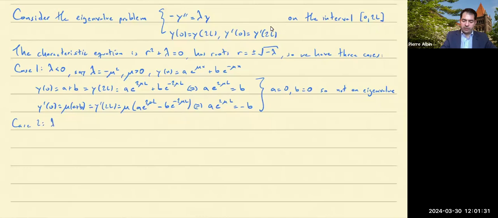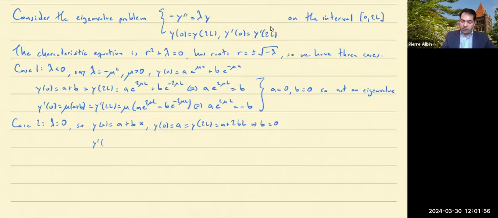Second case, what if lambda is equal to 0? In this case, y of x would be just a plus bx. Our first condition, y of 0 would be a. We want that to be equal to y of 2L, which would be equal to a plus 2bL, right? And so from there, we deduce that b is equal to 0.